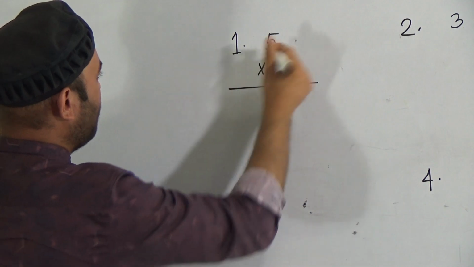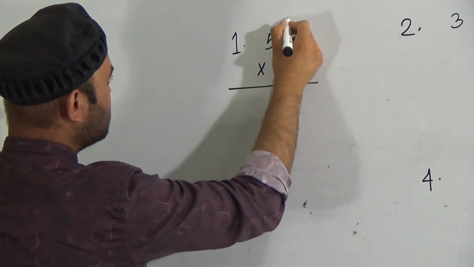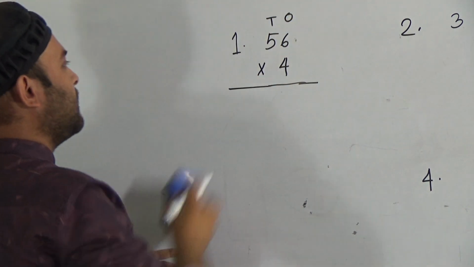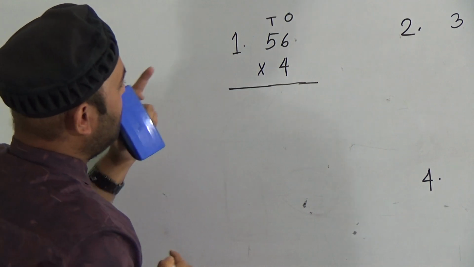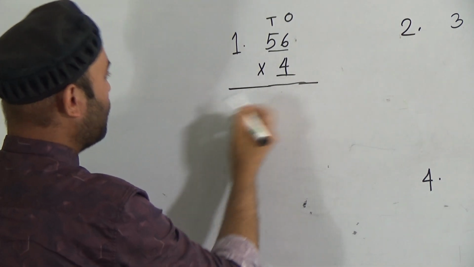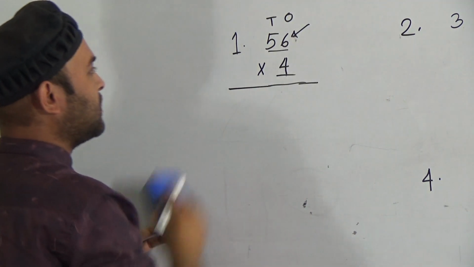That means you have to put the values of the ones place and tens place sequentially. First of all, you have to start with the ones place.